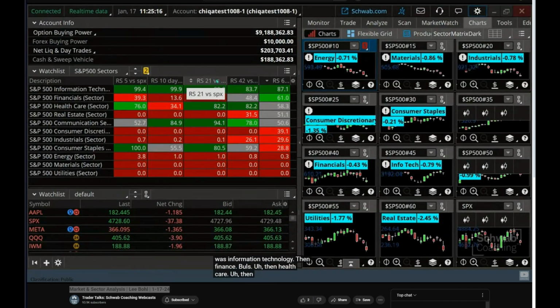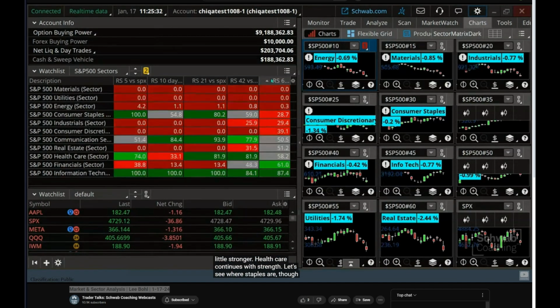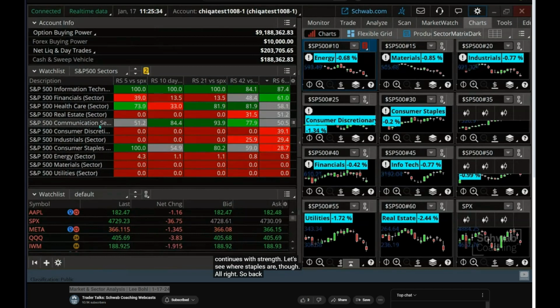Then for the last month, let's see if there's any change for the last month. All right, information technology still hanging in there. Communication services got a little stronger. Healthcare continuing with strength. Let's see where staples are, though. All right, so back 63 days ago, staples was 1, 2, 3, 4, 5, 6, 7, 8 from the bottom.